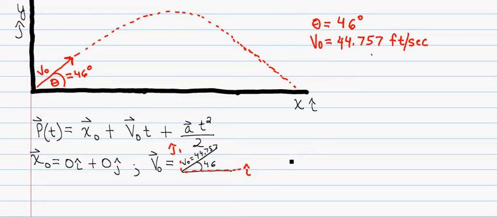So v naught, how much of this initial velocity was contributed in the i direction?